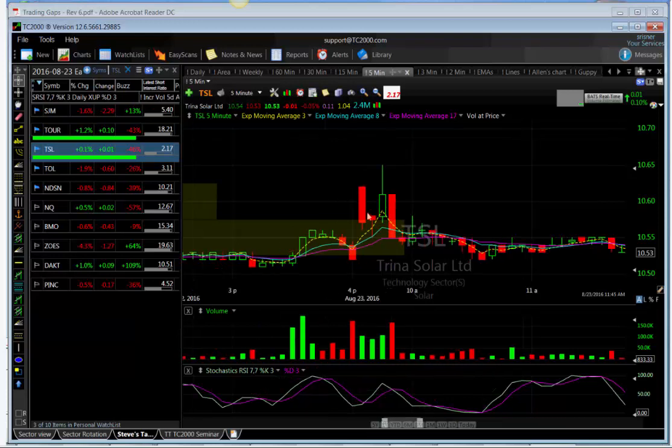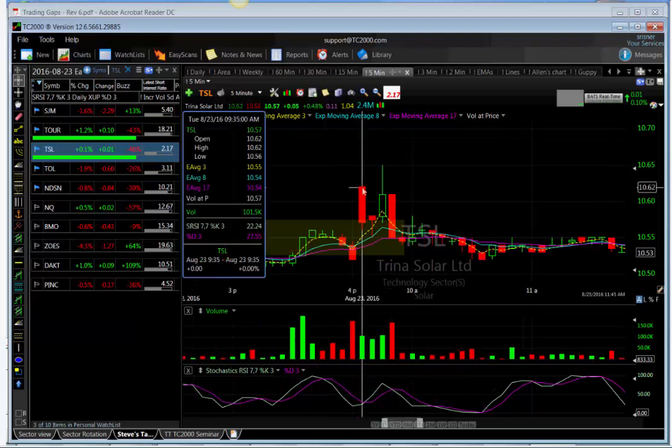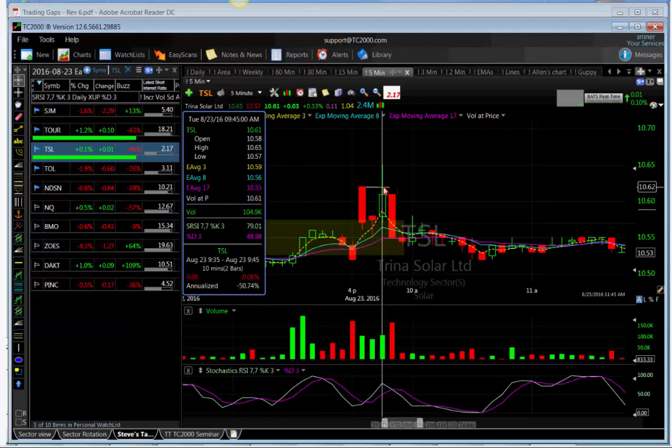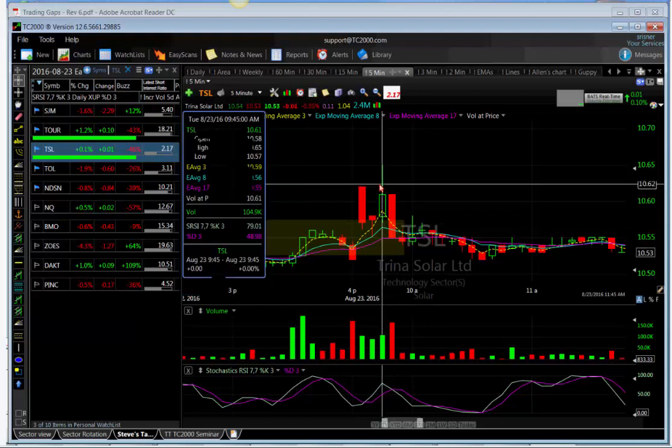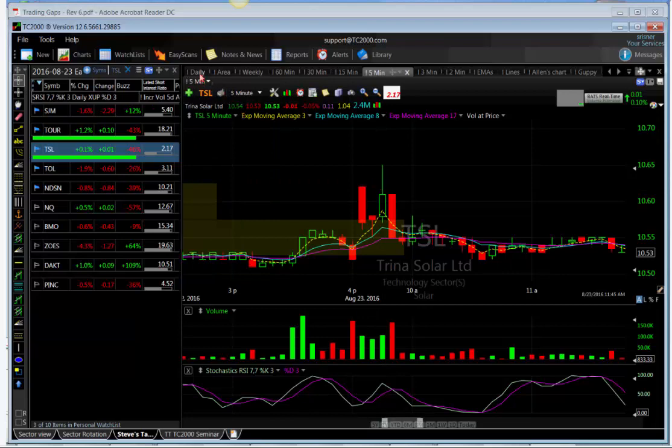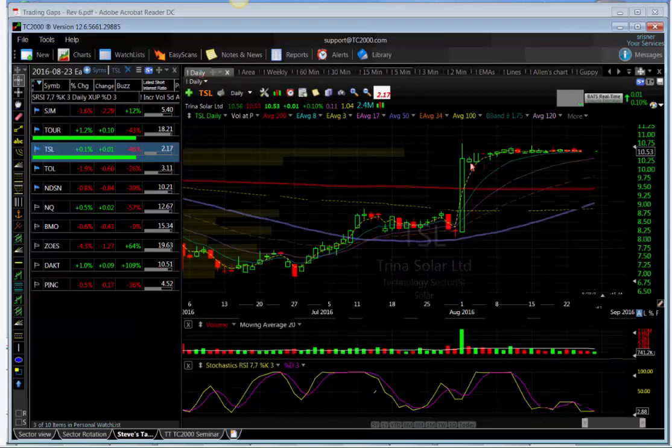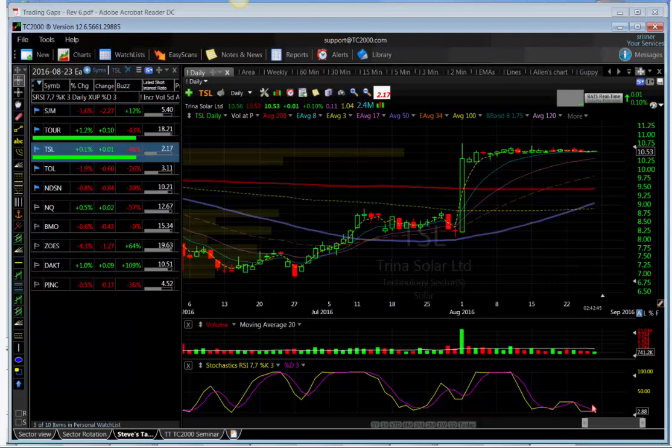Trina Solar. Trina Solar, it gapped up. Oh, here's the high of the night, but it immediately sold off. Oh, but it rallied back up. Oh, then it sold off. Make it break out. Look at the daily and see how that's going. August 23rd.